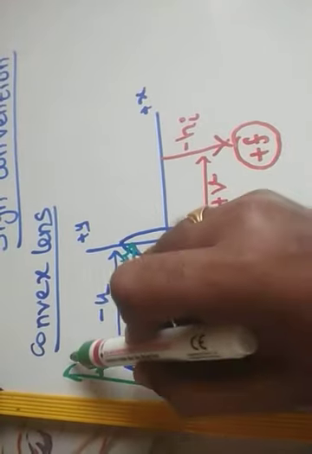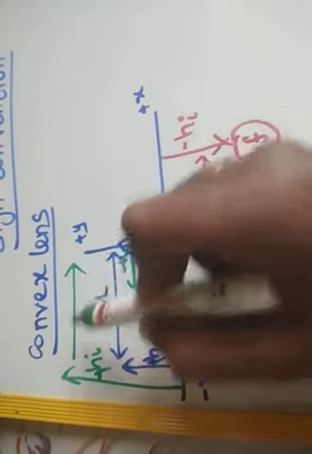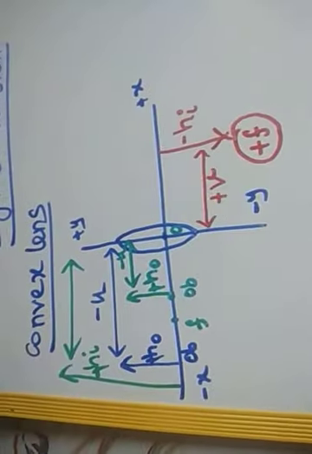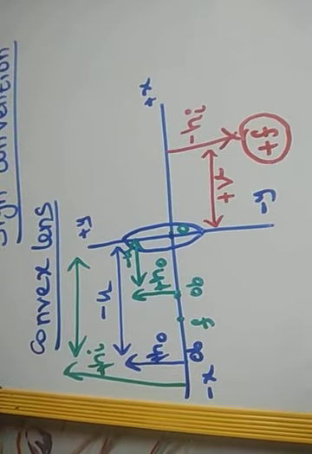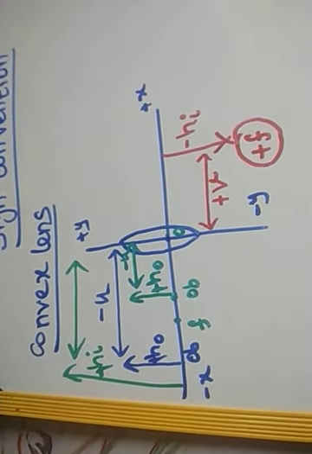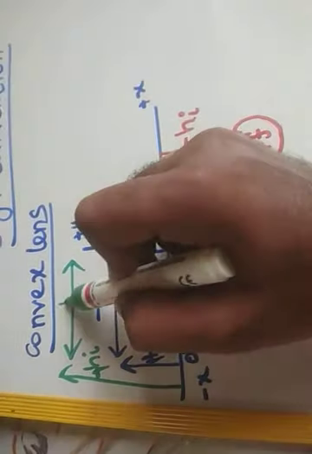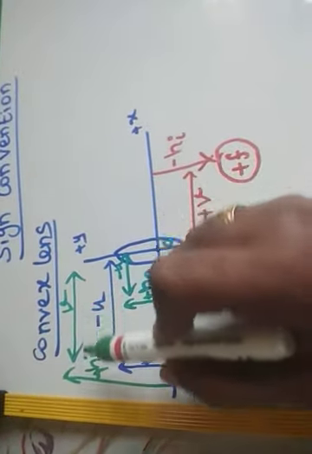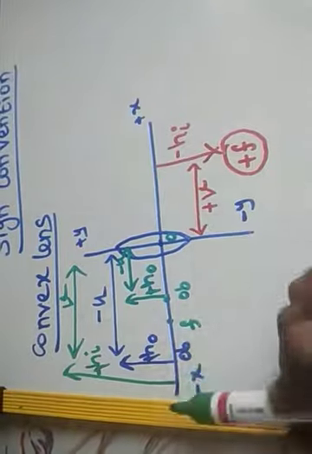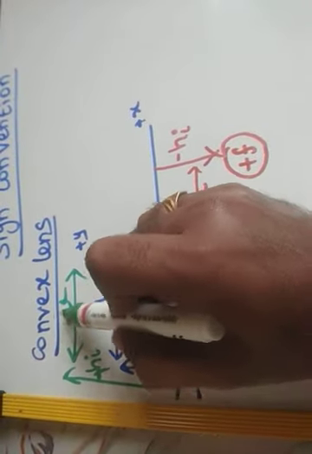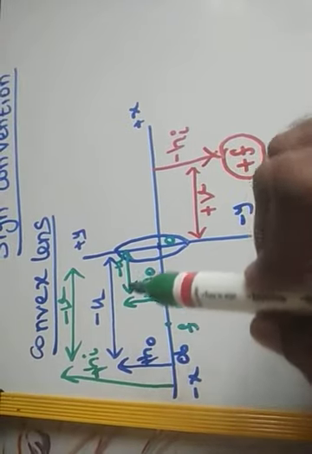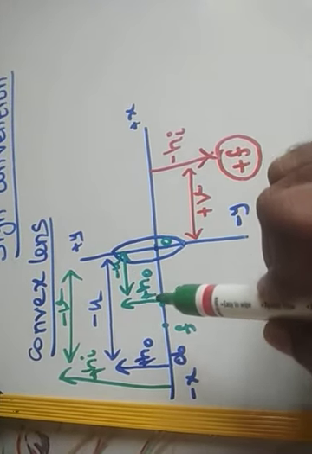The distance between the lens and the image is called the image distance. Now the image distance is along the negative x direction, so it will become minus.